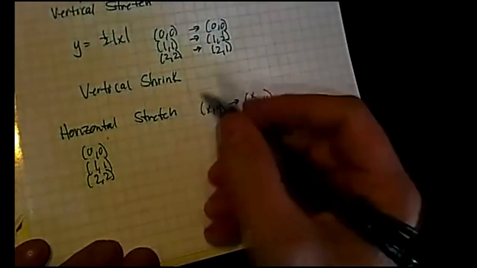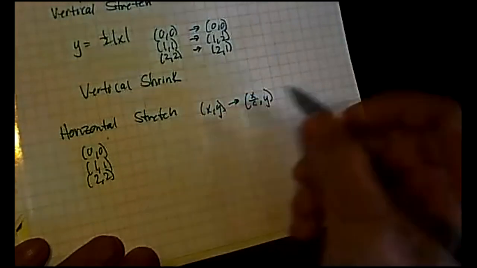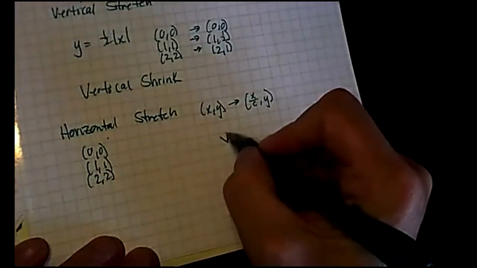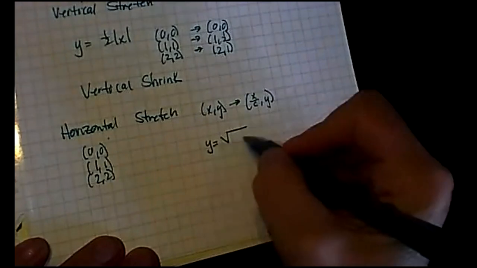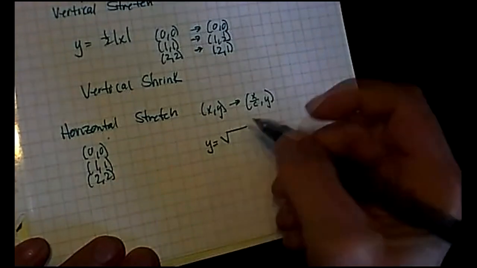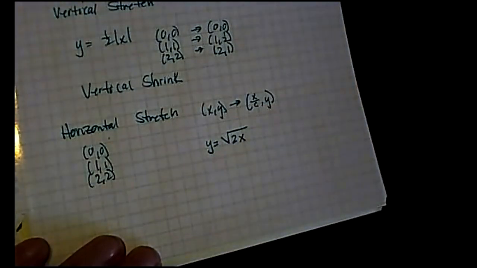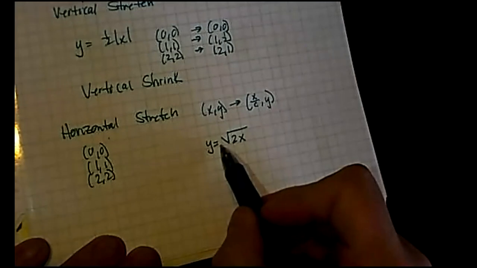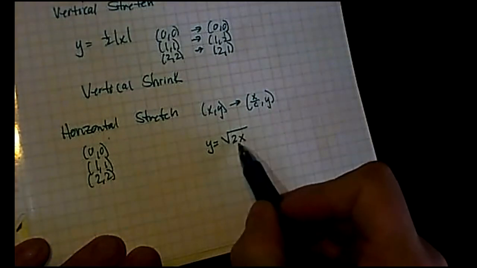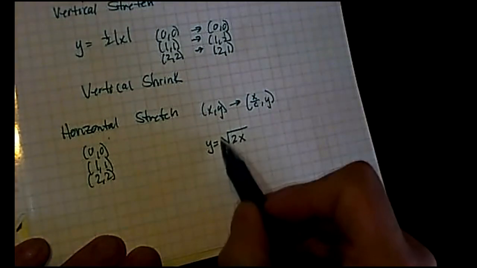So if we have something like this, again, let's just do an absolute value. What this is going to look like is the absolute value, and that constant is going to be underneath here, so maybe something like 2x. If it's outside here, it's vertical, a vertical stretch or shrink.